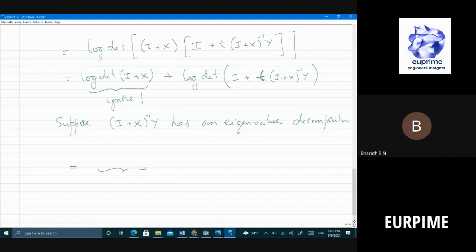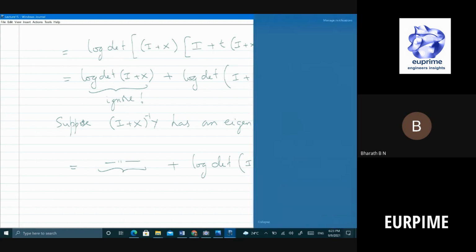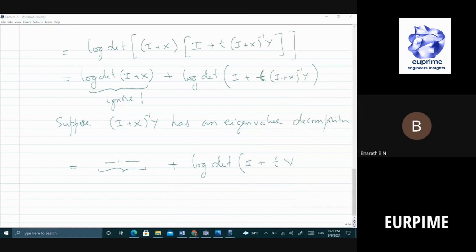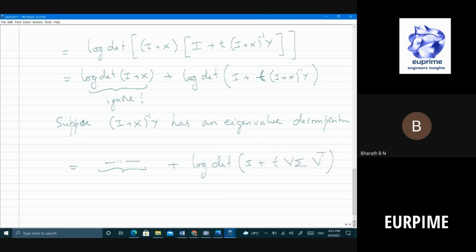The first term as is, plus log of the determinant of identity plus t times, I can write this as something like V sigma V transpose, right? You agree?